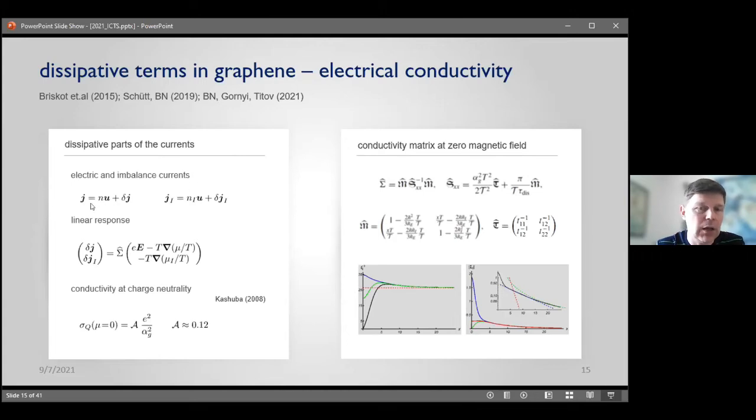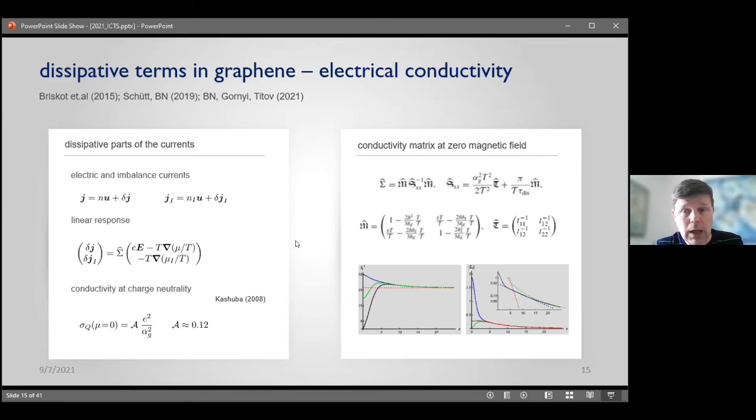That means now that both electric and imbalance currents are not just proportional to the hydrodynamic velocity, but they acquire these dissipative corrections. And dissipative corrections are linear in the applied fields, whereas this conductivity or quasi-conductivity matrix comes from a perturbative solution of the Boltzmann equation, similarly as it's done for thermal conductivity in conventional hydrodynamics.